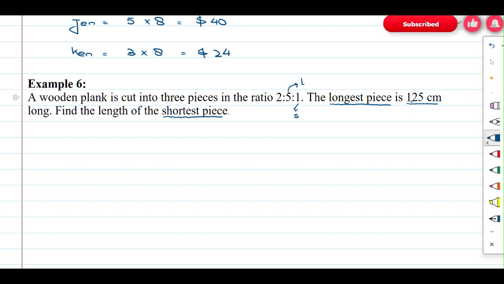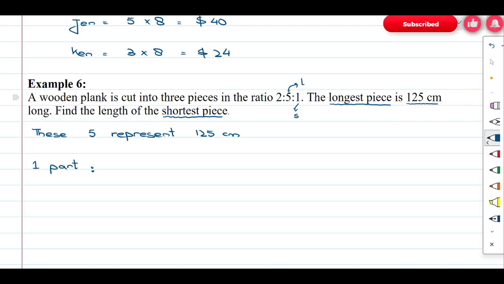Here we can say the longest piece is 125 centimeters long, and the longest piece has a ratio of 5. So these 5 parts represent 125 centimeters, right? What does one part represent? 5 is the largest ratio and the longest piece is 125.